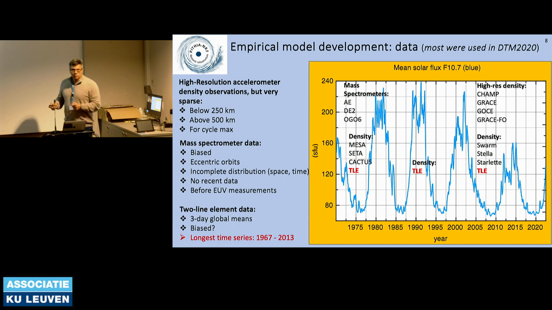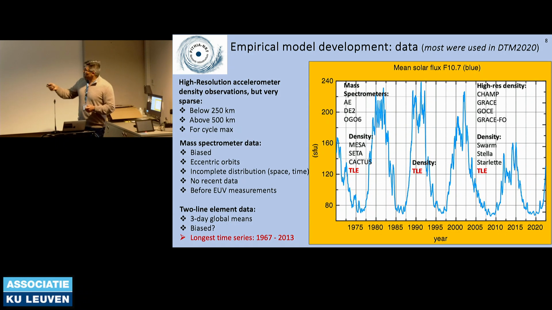At higher altitude, we have some again geodesy satellites, which we can track by laser, and we can infer total mean densities. But at the cost, again, that we have one mean density per day. Then in the past, in the 70s and 80s, we had the mass spectrometers. So all our composition information today comes from data from the 70s and the 80s, which, by the way, we are now no longer able to calibrate, because at that time we didn't have the same precision in orbit, thanks to GPS, that we have today.